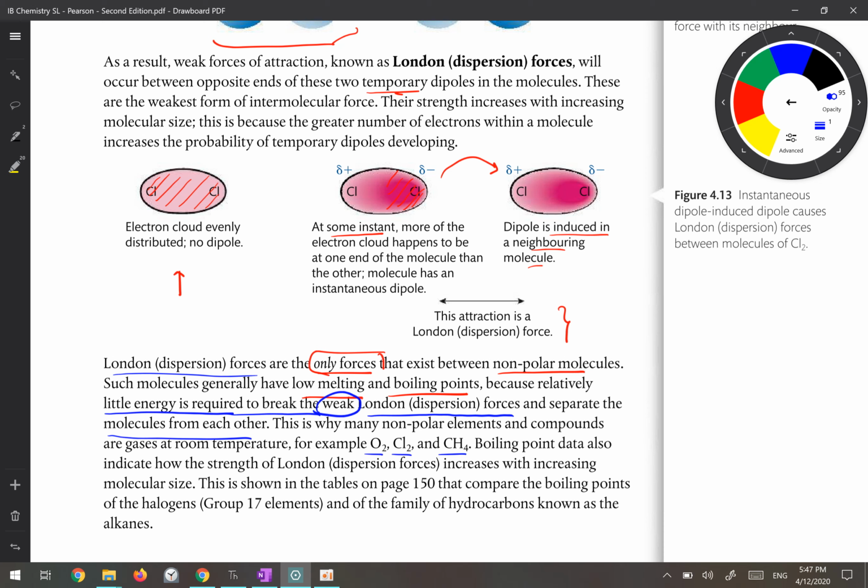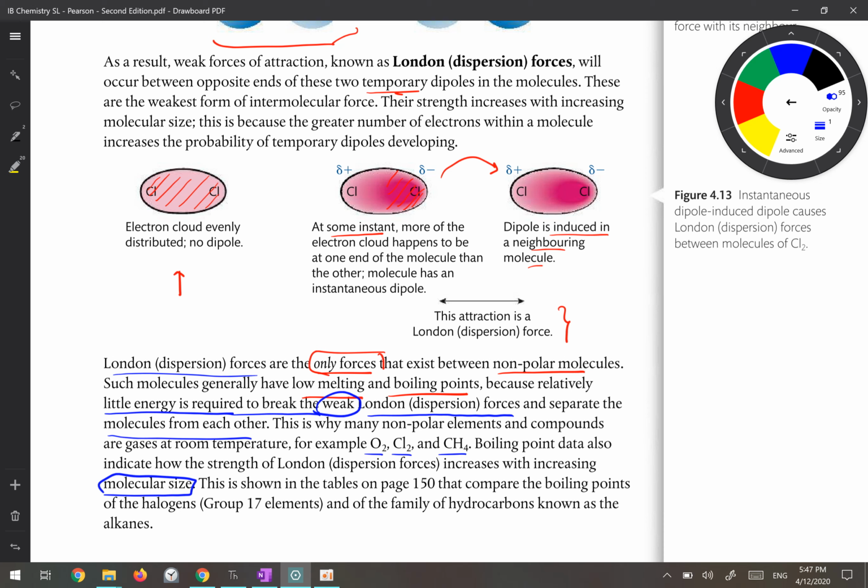But what does the strength of the London dispersion force depend on? The strength of the London dispersion force depends on the size of the molecule, or it's better to say it depends on the number of electrons available there. If the number of electrons in the molecule increases, by random movement of the electrons, the probability of forming a temporary dipole increases.